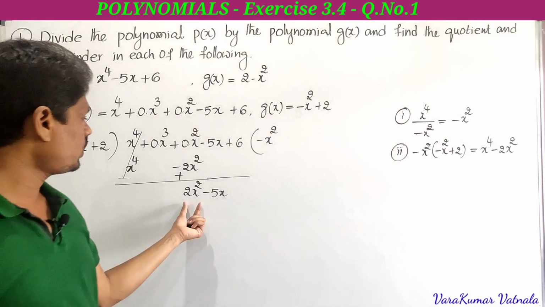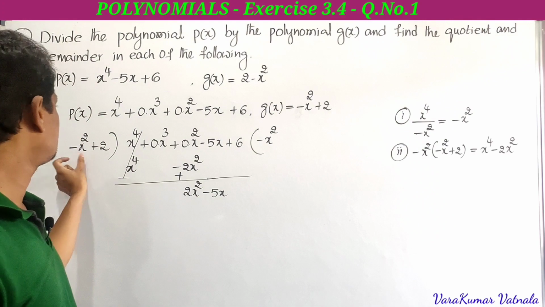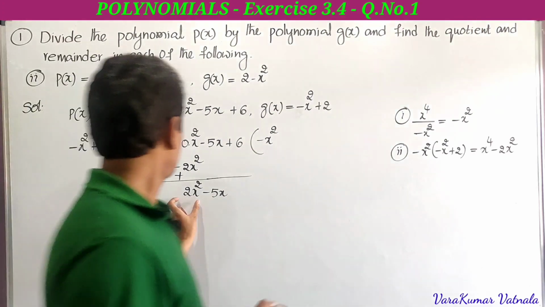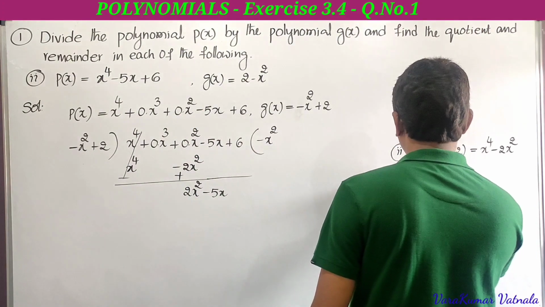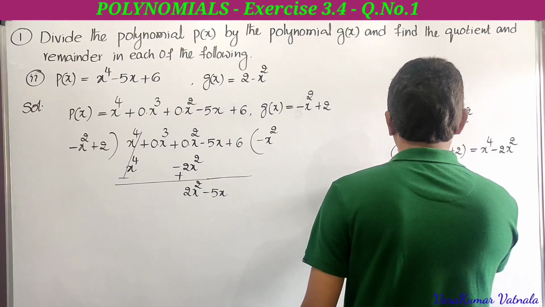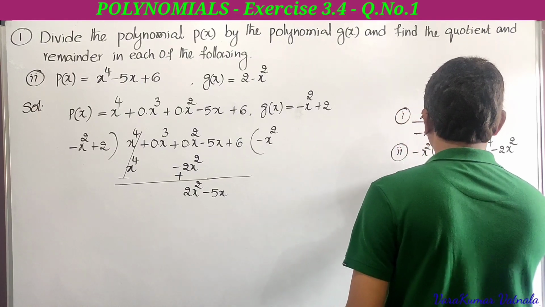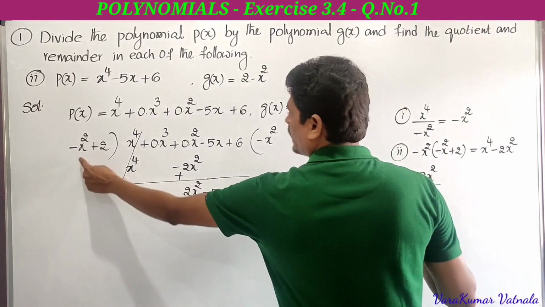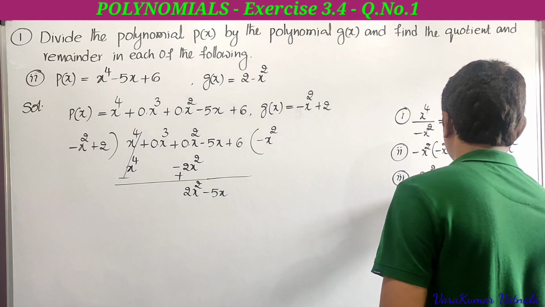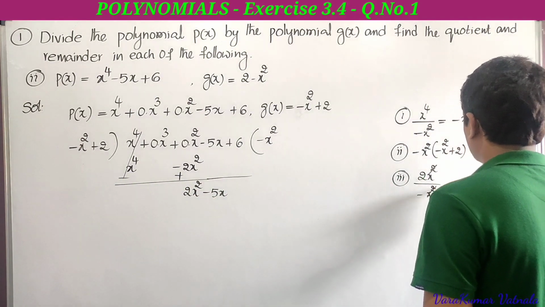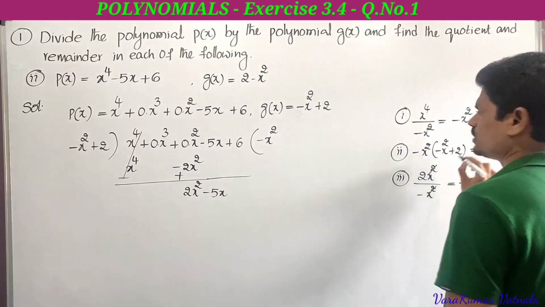Now divide the first term by the first term of the divisor. Here the first term is 2x square. In the next step, 2x square divided by minus x square. The x square gets cancelled, and we get minus 2.